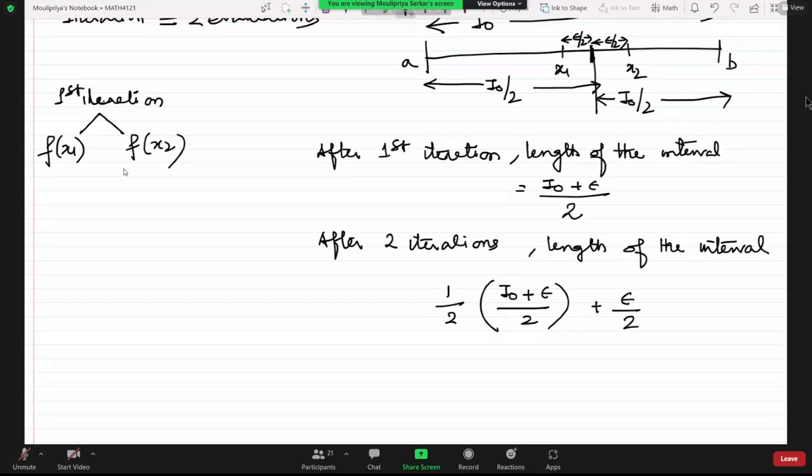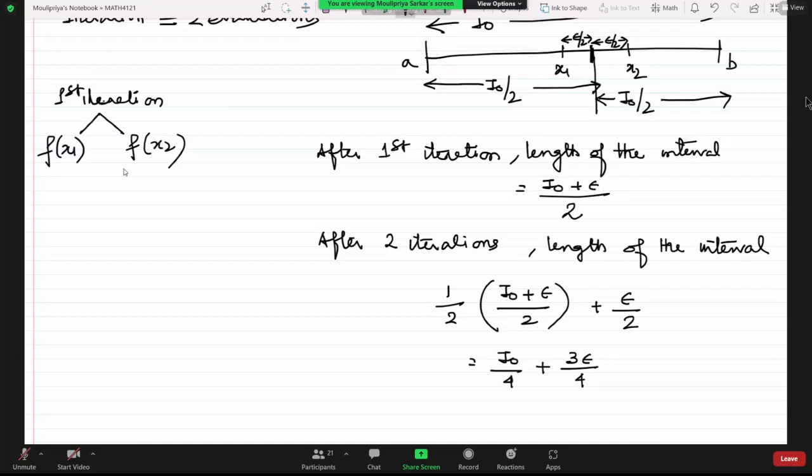Am I correct with this? Yes, ma'am. That implies it is I0 by 4 plus 3 epsilon by 4. Am I correct with this?